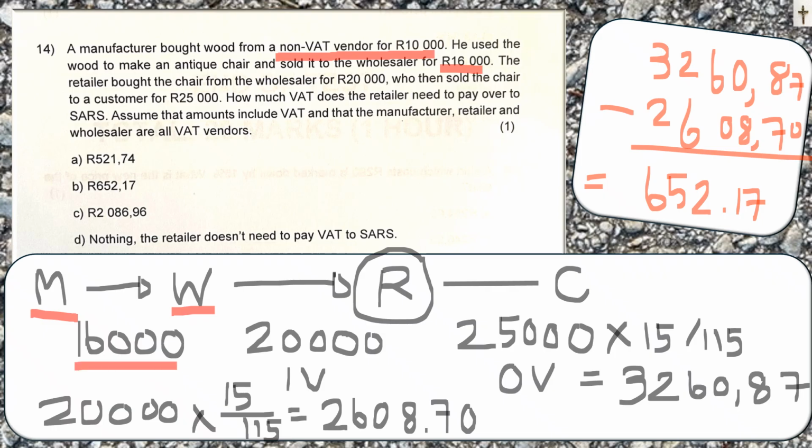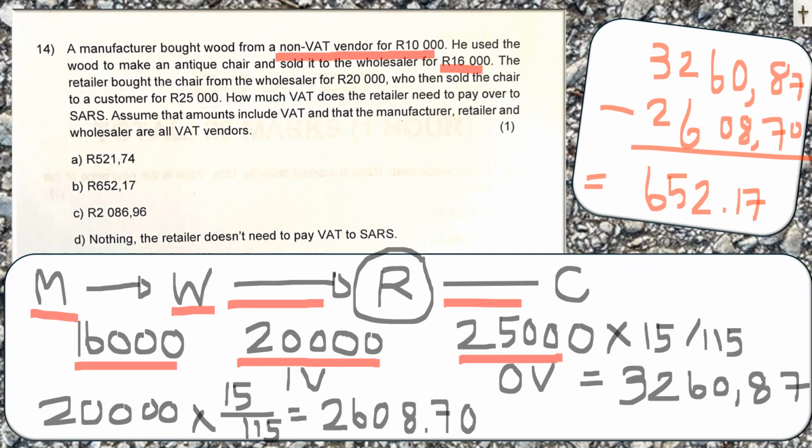Right, that includes VAT. You'll see in a moment. The retailer bought the chair from the wholesaler for 20,000. So the wholesaler sells to the retailer for 20,000, who then sold the chair to the customer. The retailer sold the chair to the customer for 25,000.